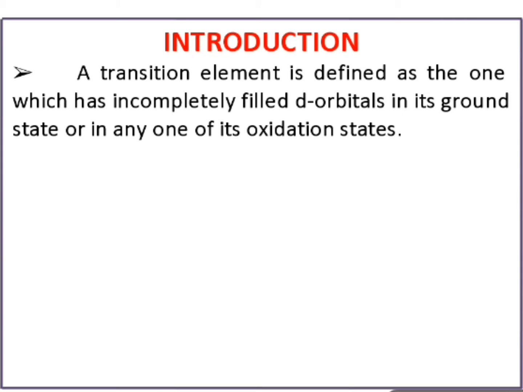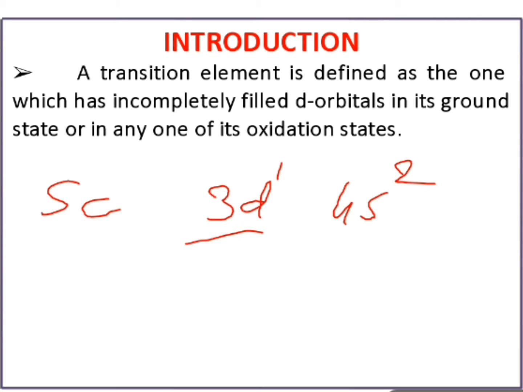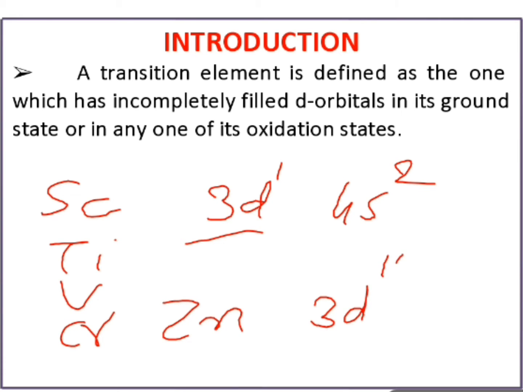Now see, scandium has an incomplete d orbital. Its configuration is 3d1 and 4s2. From scandium, titanium, vanadium, chromium, many configurations are there. In zinc, the configuration is 3d10 and 4s2.